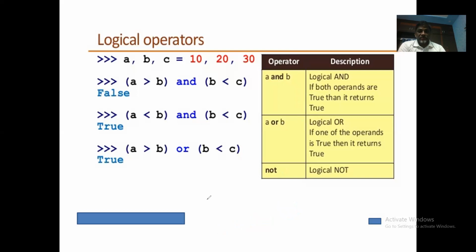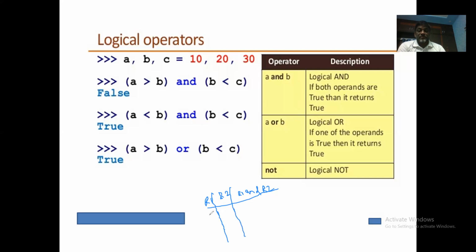if I consider two relational expressions, let us say R1 and R2. R1 is my first relational expression and R2 is my second relational expression. And if I apply AND on these two, that is R1 and R2, then how can this truth table be derived?